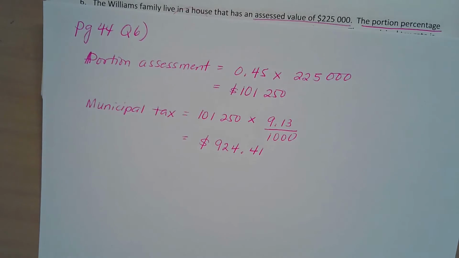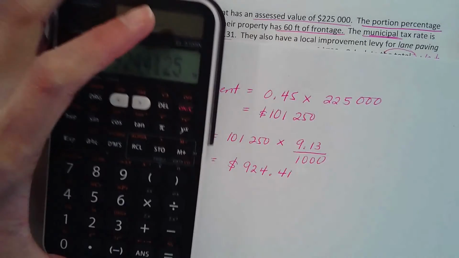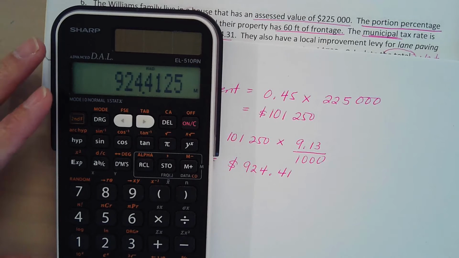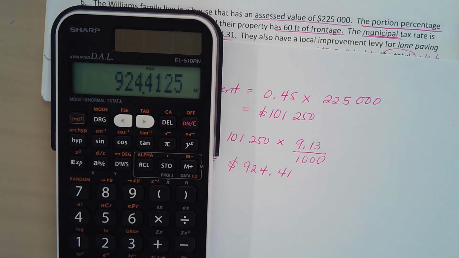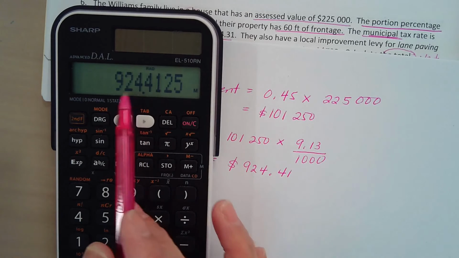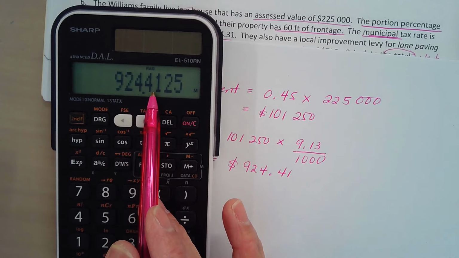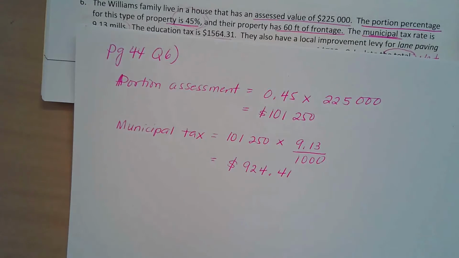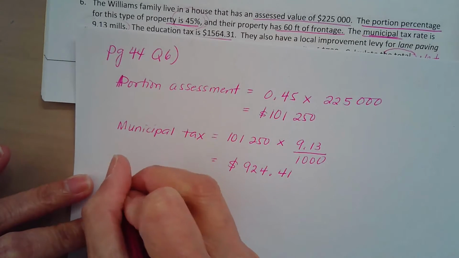This is what I got on my calculator with all those decimal places, but we need just 2 decimal places in this case: $924.41. Good.